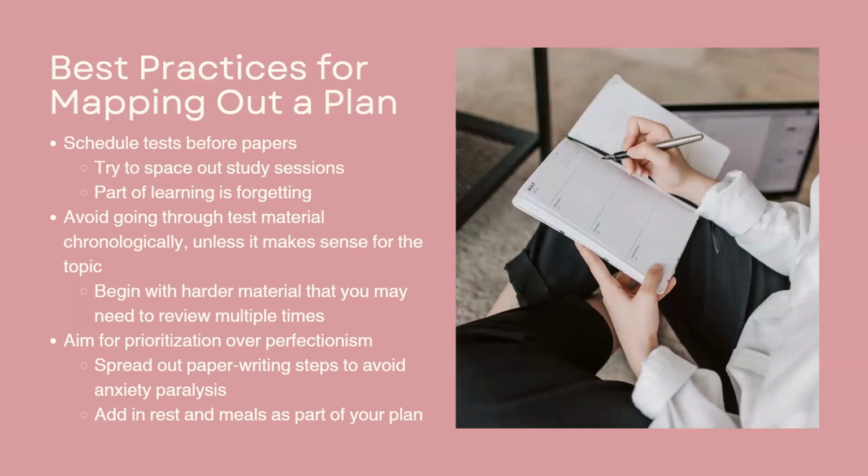And a way to avoid the paralysis that can come from that kind of anxiety is to spread out the steps across multiple days or multiple study blocks even throughout the same day, because that will allow you to engage in the ideas knowing you have time later to come back and revise.